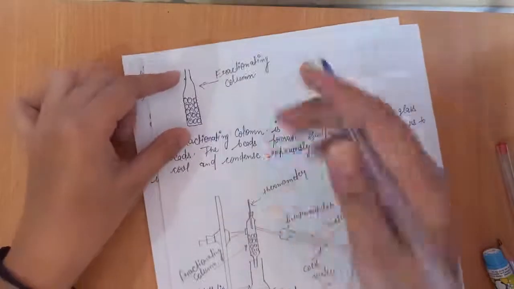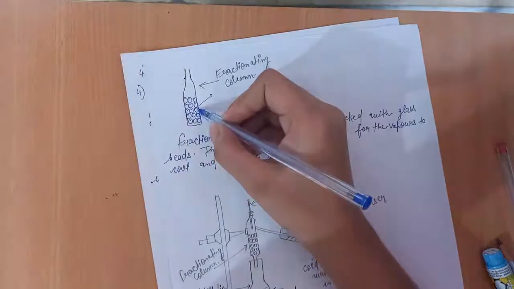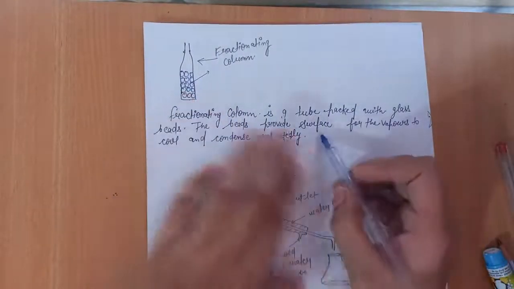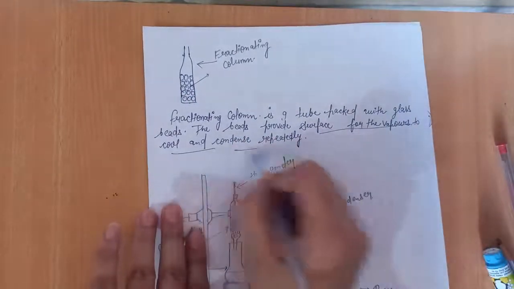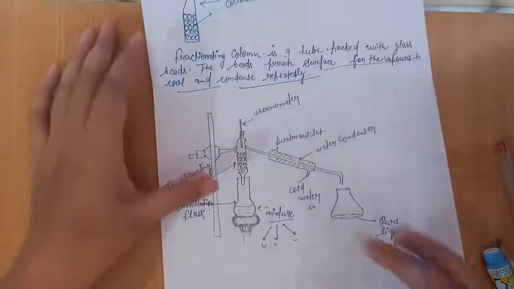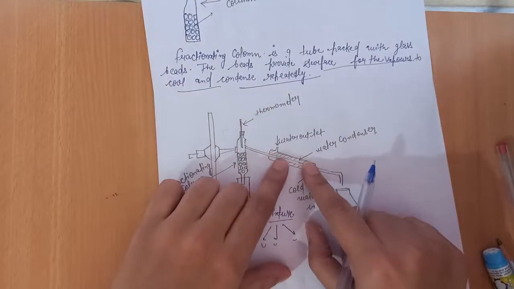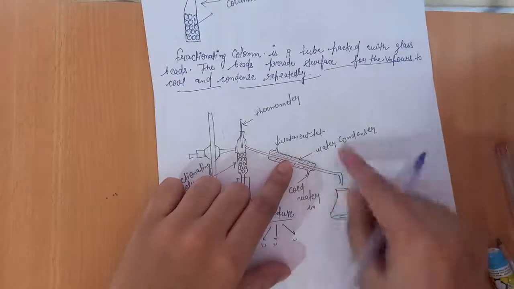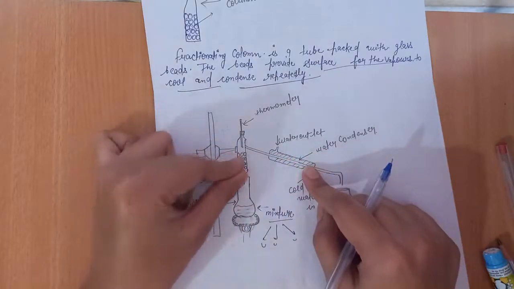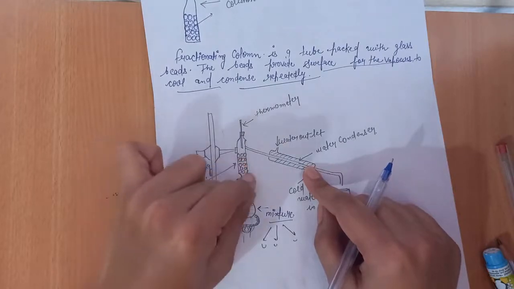So this is a fractionating column in which glass beads are present. The work of these beads is to provide a surface for the vapors to cool and condense repeatedly. Besides the condenser, which provides coolness to the vapors, these beads also provide a surface for the vapors to cool and condense repeatedly.